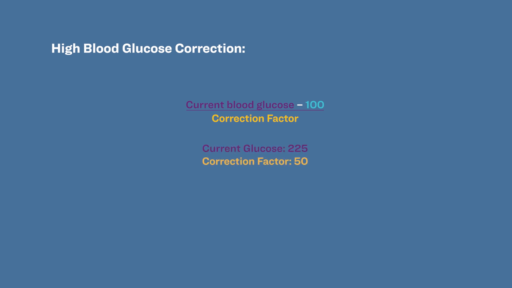If our current blood glucose is 225 and our correction factor is 50, we would take 225 minus 100, which equals 125, and then divide by 50. This then gives us 2.5 units. Some children require half-unit doses of insulin. If this is the case for your child, your provider will discuss dosing with you.